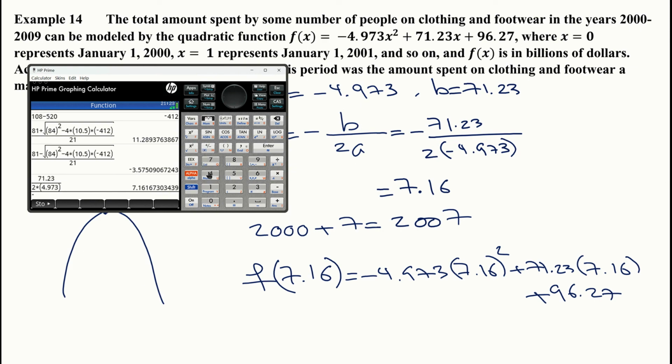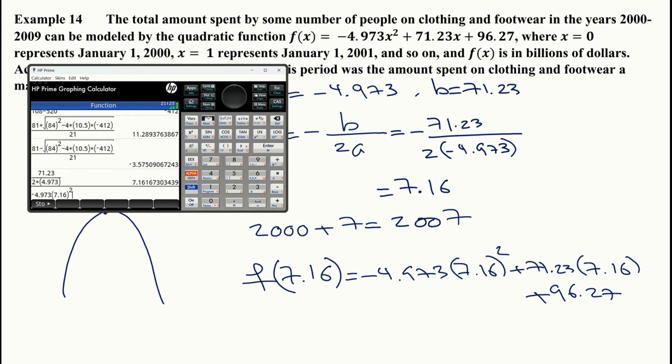So negative 4.973 times 7.16 squared plus 71.23 times 7.16 plus 91.27.